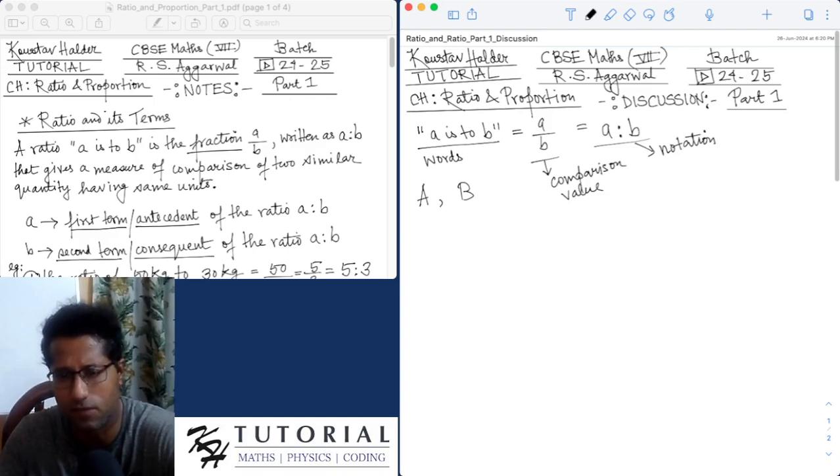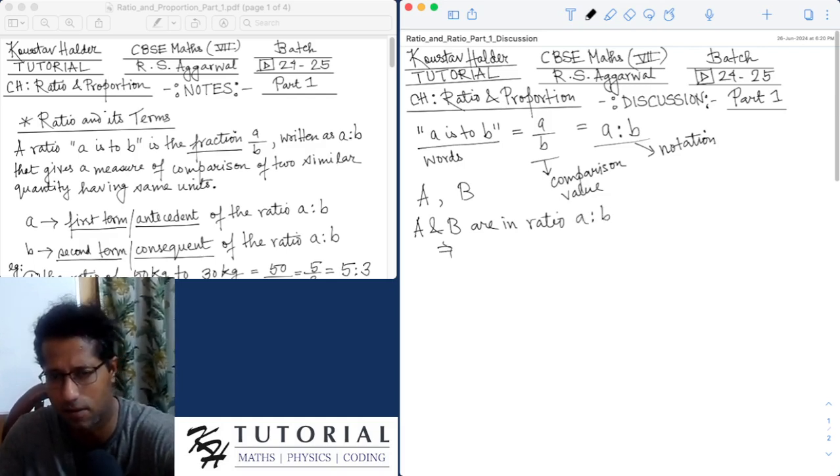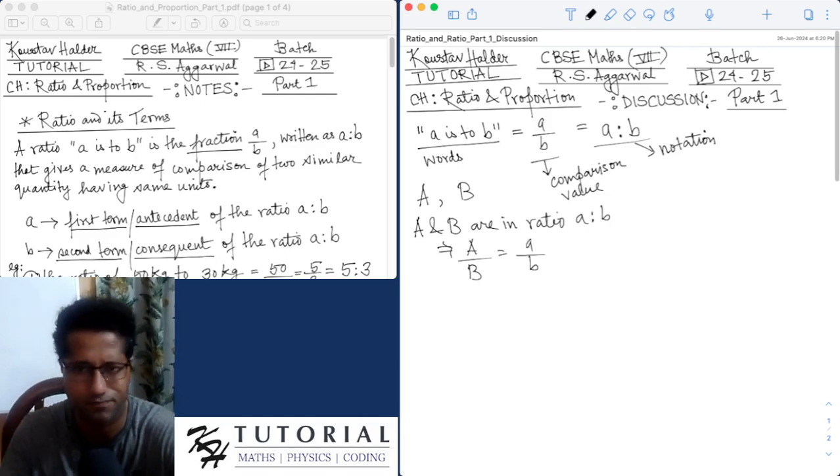Now they usually say that A and B are in the ratio A is to B. This actually means that A by B equals a by b.